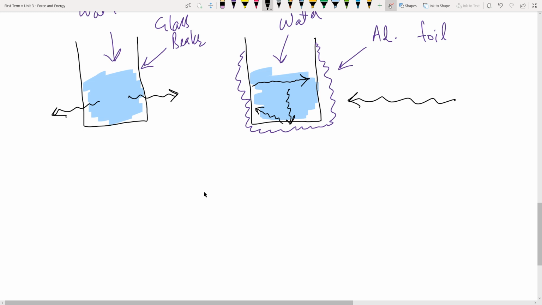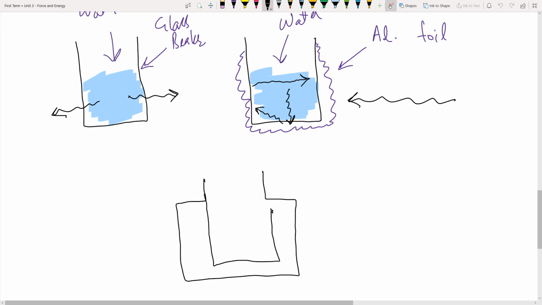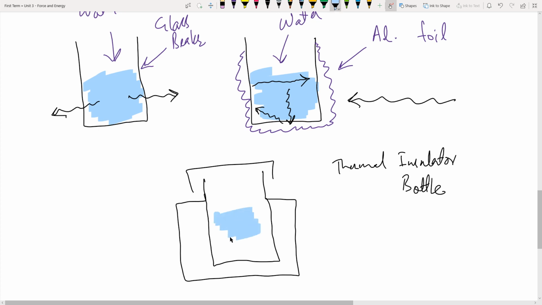The metal container that you use is actually made in two layers of metal. So I'm just going to make this. Now this is your thermal insulator bottle. This is how the bottles that you use are made. So if there's water inside it, there's one metal layer. This is the outer metal, and this is the inner layer.